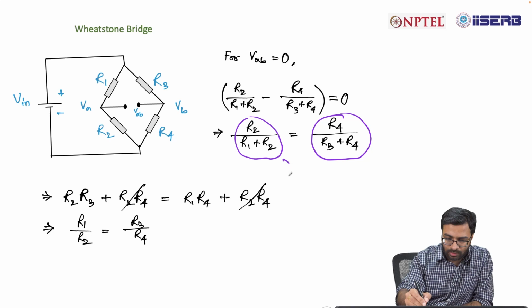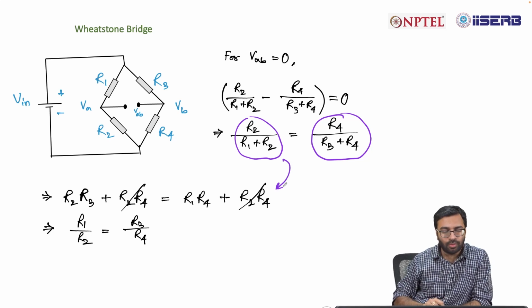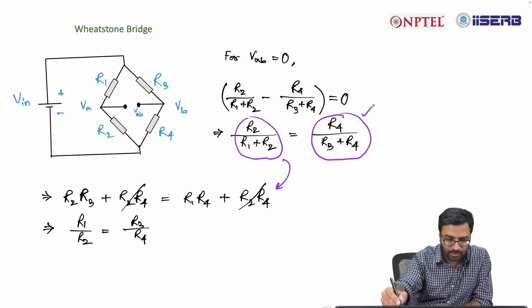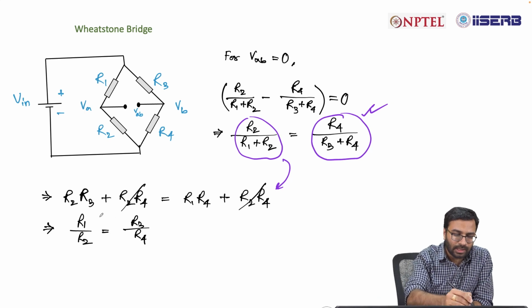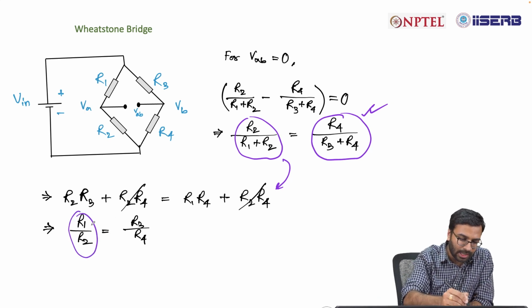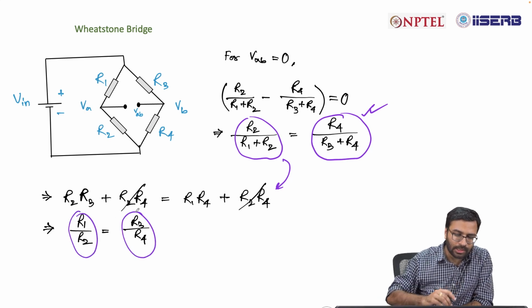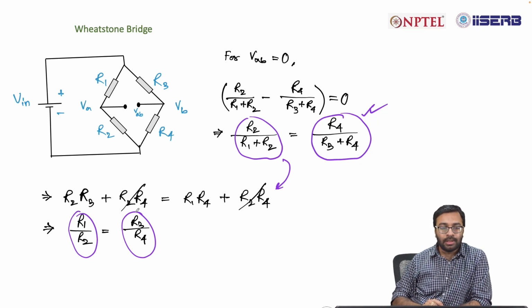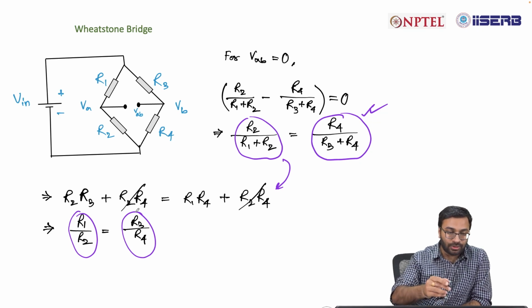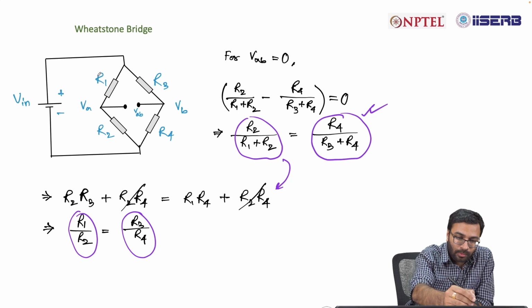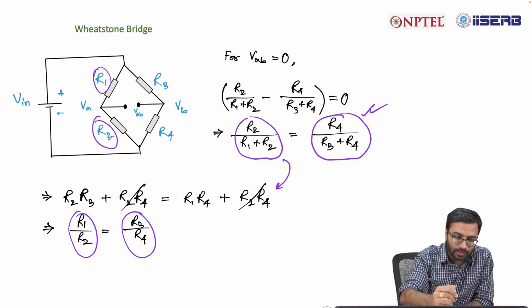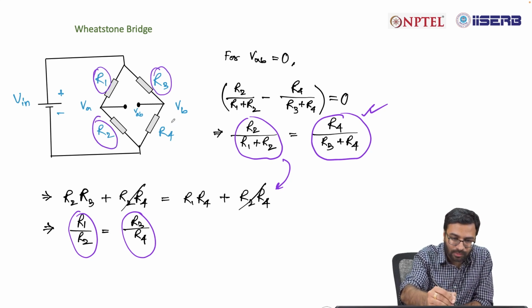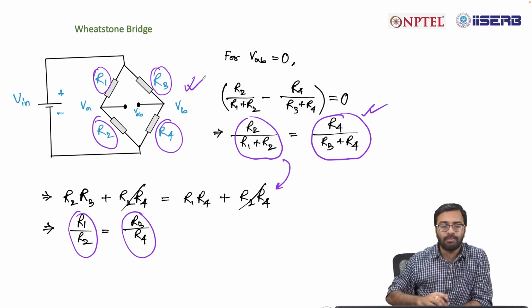Do some more mathematical arrangements. If you arrange this equation, then you'll figure out that R1 divided by R2 is equal to R3 divided by R4. That means if the ratio of R1 and R2 is equal to that of R3 and R4, then the bridge will be balanced.